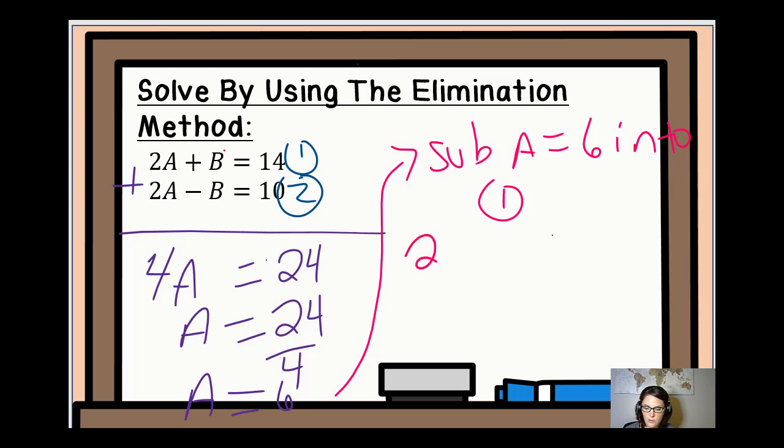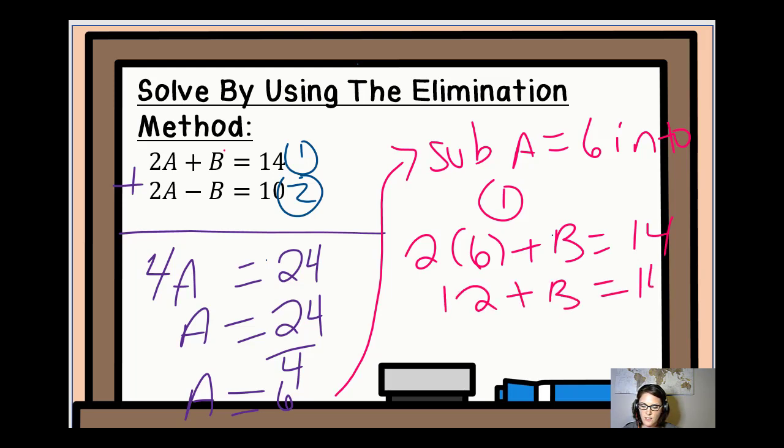So 2 times 6 plus b equals, so 12 plus b equals 14. So b is equal to 14 minus 12. B is equal to 2. So therefore the solution is 6, 2.